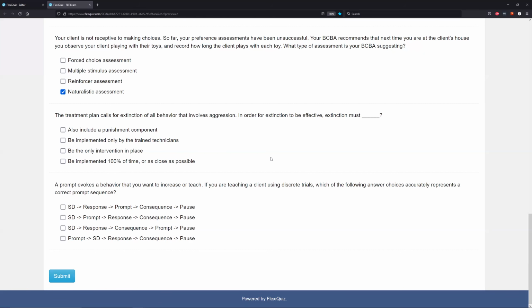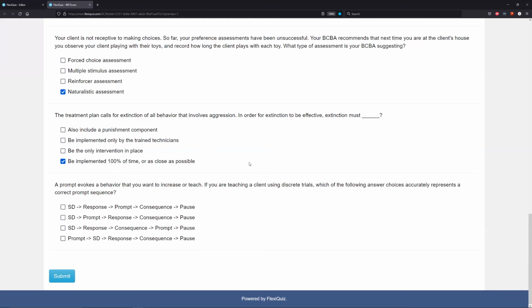That leaves us with D, be implemented 100% of the time or as close as possible. Absolutely, okay? If we want extinction to be effective, it needs to be implemented 100% of the time or as close as humanly possible. If we're only implementing extinction 60, 70% of the time, well, we're reinforcing the behavior the other 30%. And extinction, by definition, is removing all reinforcement.